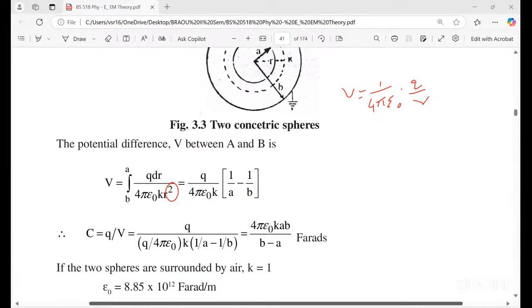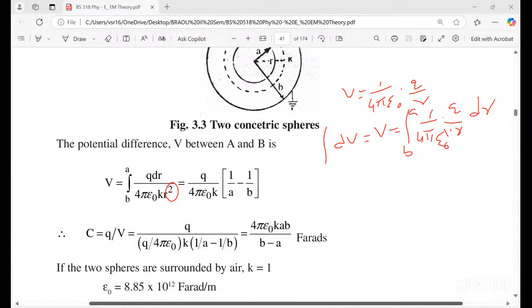By integrating, dV equals this equation.